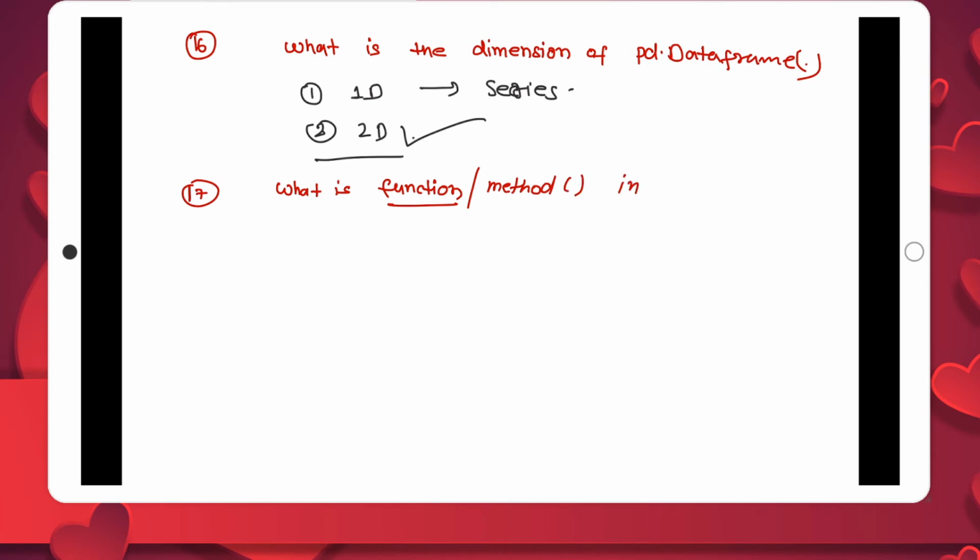So what is a function or method in Python, and how do you define this function or method in Python? A function or a method in Python or in any other language is a block of predefined code which we use very frequently. So we write a method or a function so that we can use repeated code very frequently with ease.